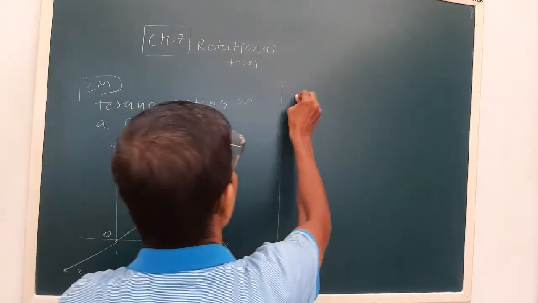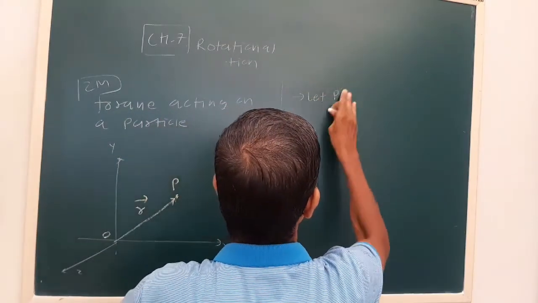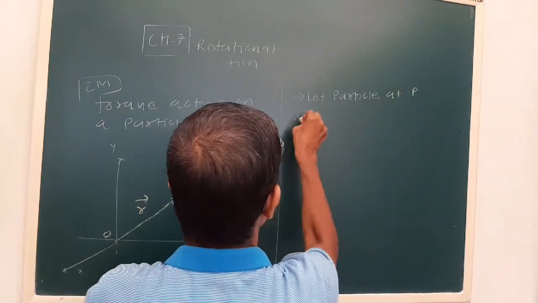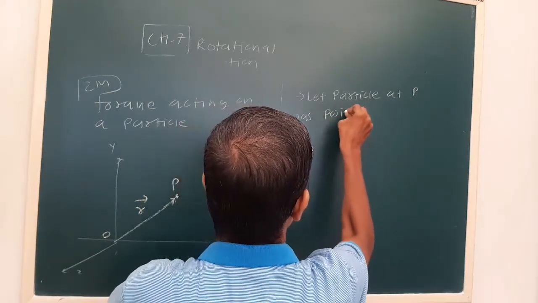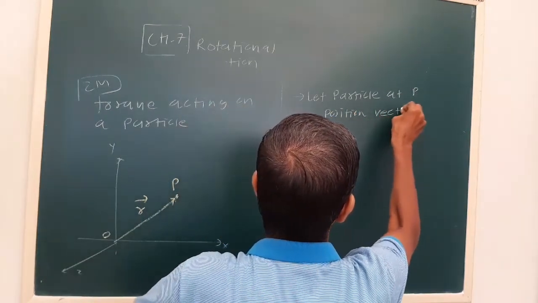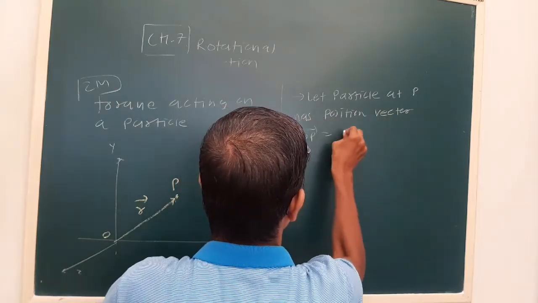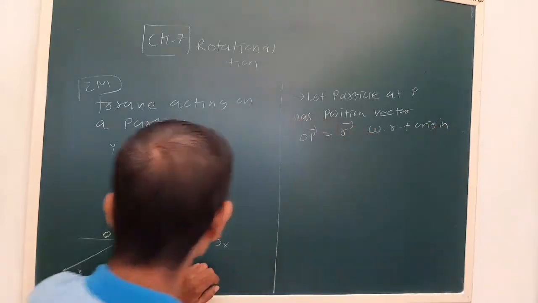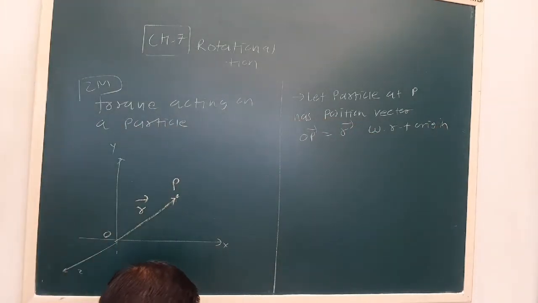So let particle P has position vector r with respect to origin.